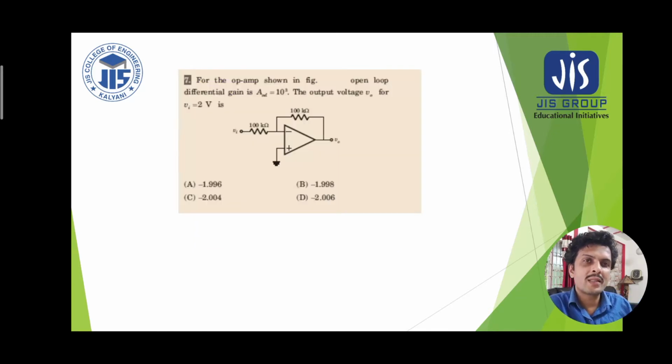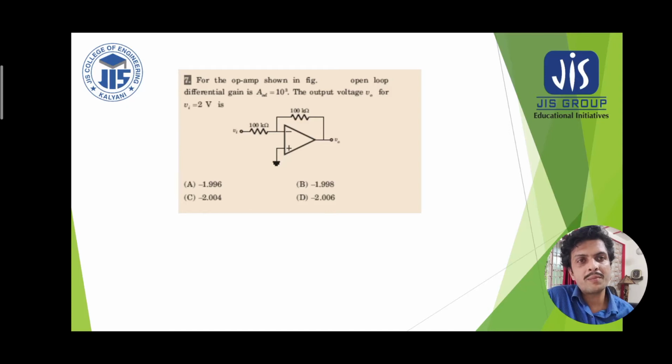This is another op amp where the differential gain is 10 to the power 3. We need the output voltage V0 for Vi equal to 2 volt, which we can find from the given data. As Vi is 2 volt, the inverting terminal is at 0 volt.